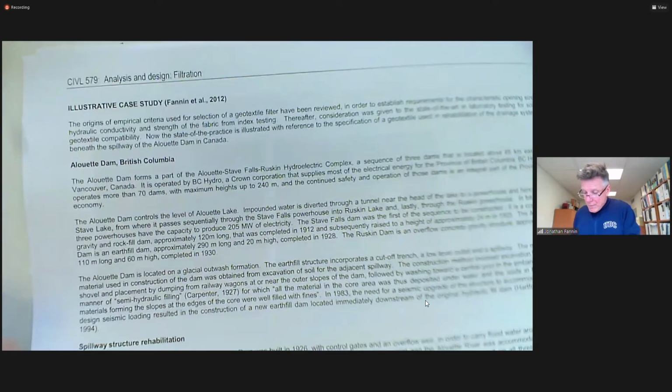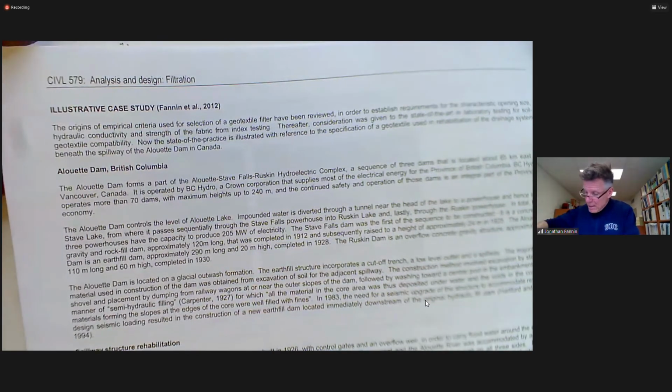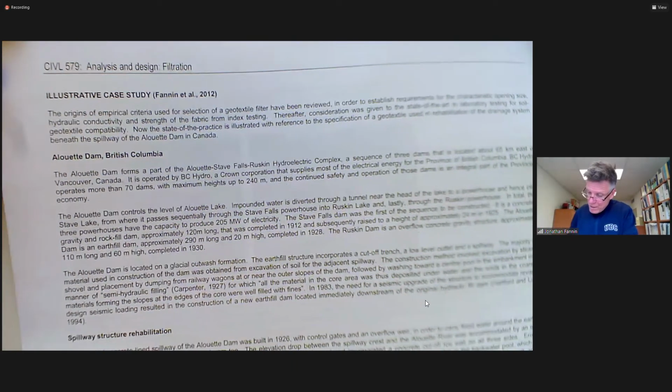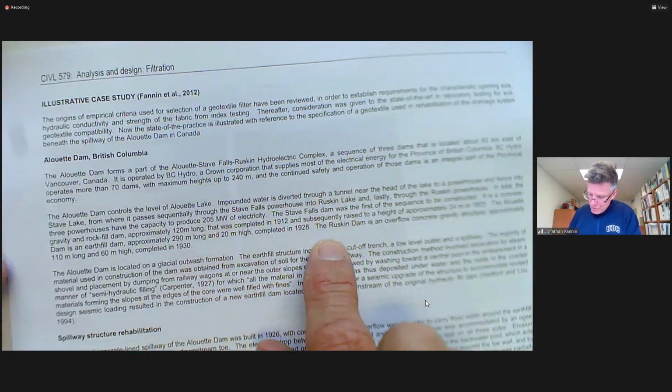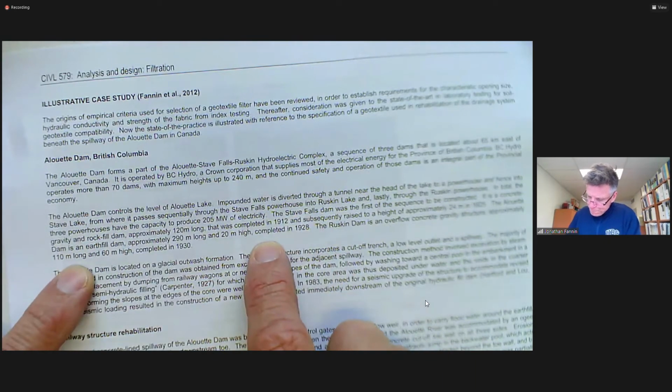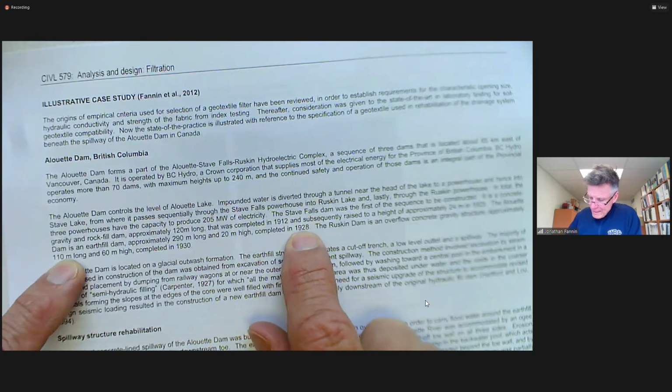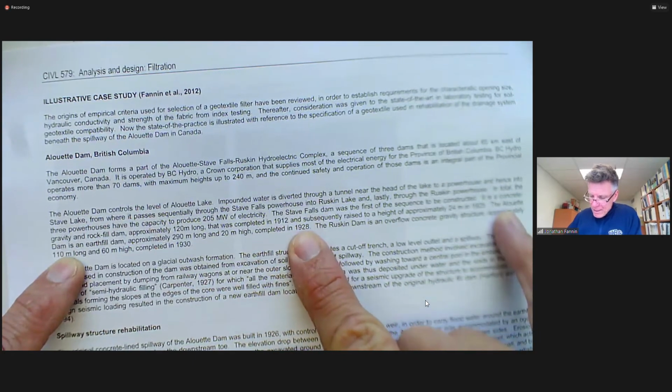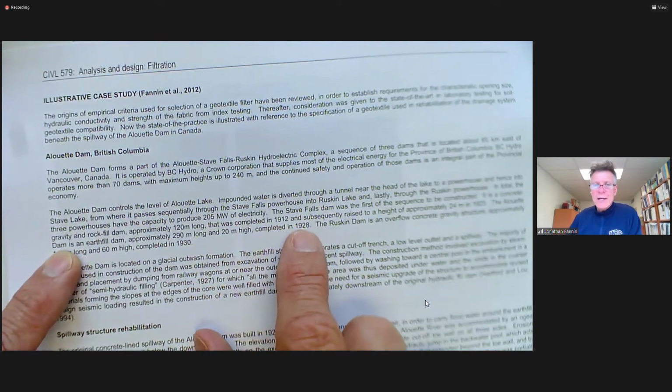And Alouette Dam was built in 1925-26. Completed in 28. My apologies. The Alouette Dam was built in about 1928.